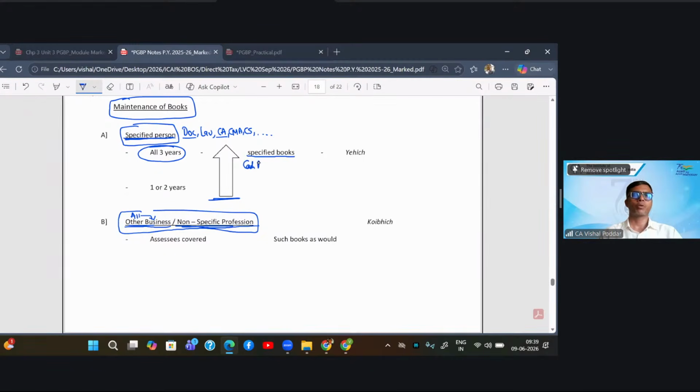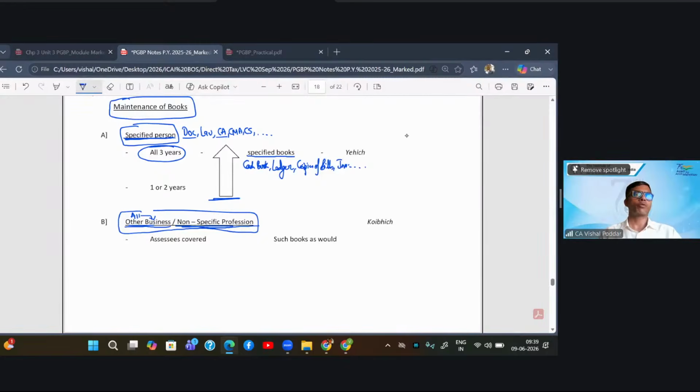It is a cash book. Cash book means obviously including the bank column. It is a ledger. 2 books are made compulsory, plus you need to have copies of bills, invoices, so documentary proof. These are the specified books.